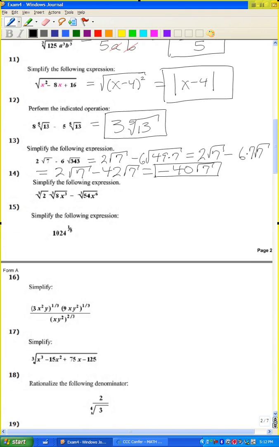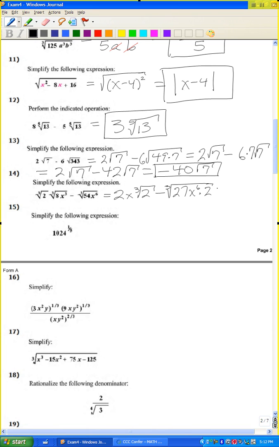Okay. Problem number 14. And so this is equal to the cube root of 8 is 2. Cube root of x cubed is x, radical 2, minus, let me write 54 as 27 times 2.